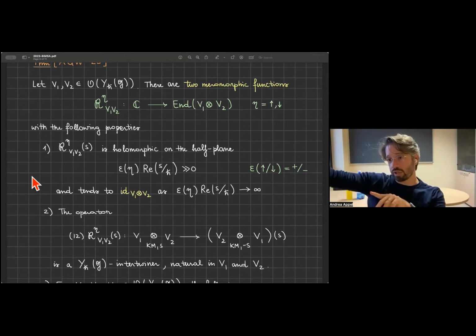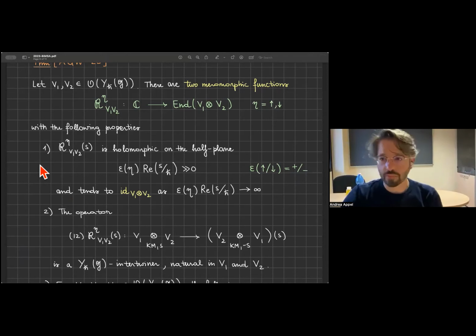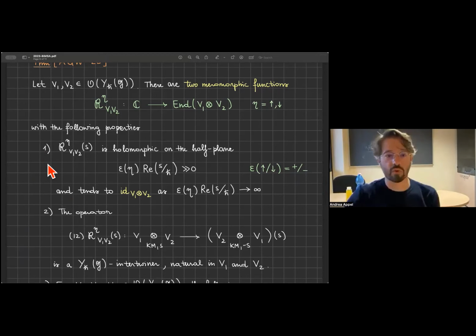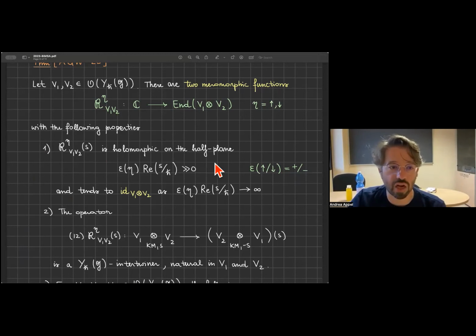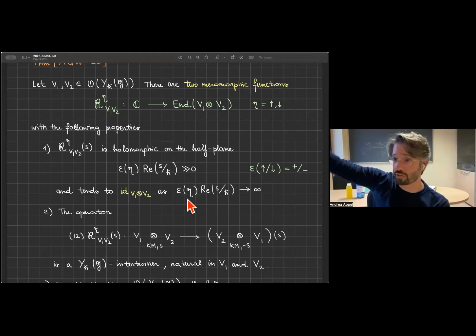And then I can consider essentially the half plane from a certain point on towards infinity in one direction or in the opposite direction. So as I move towards infinity in one of those two half planes, this meromorphic function is again isomorphic and tends to the identity as this value goes to infinity.